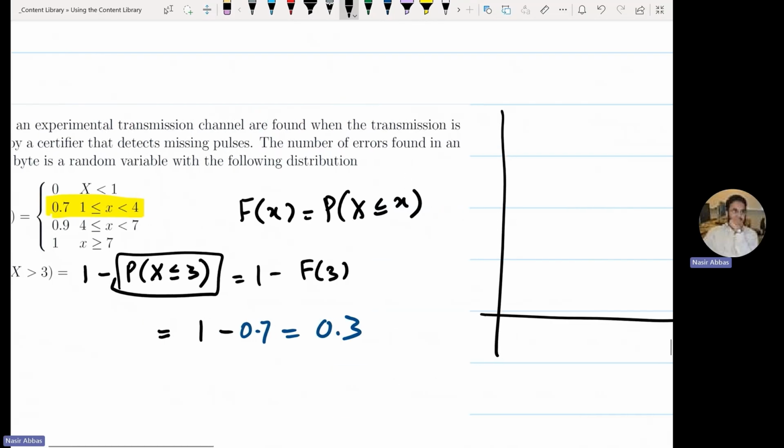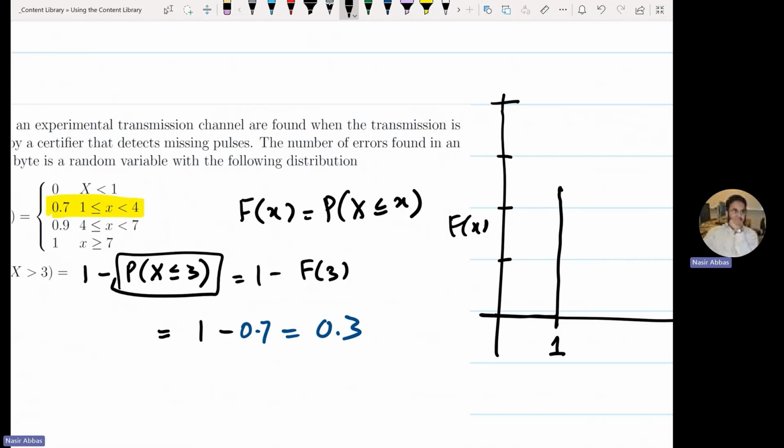What is the capital F of anything less than 1? 0. I will plot it now. So it's 0 here. The moment you reach 1, the CDF becomes what? Let me say this is 0.2, 0.4, 0.8, and 1. The moment you reach 1, the CDF immediately jumps to 0.7.